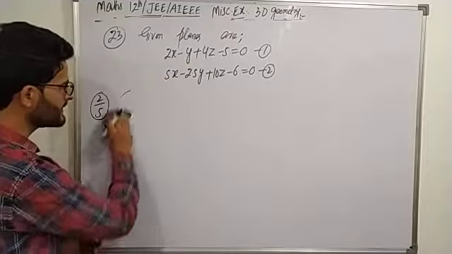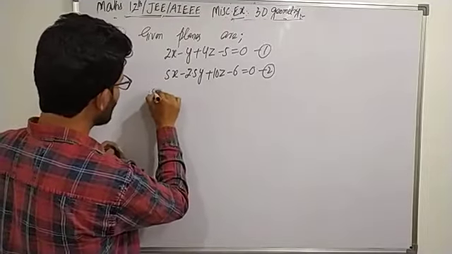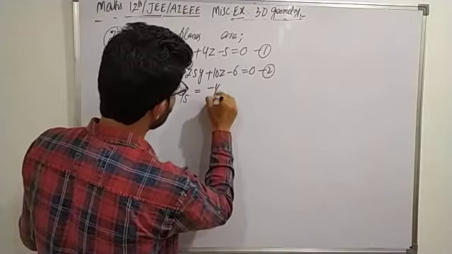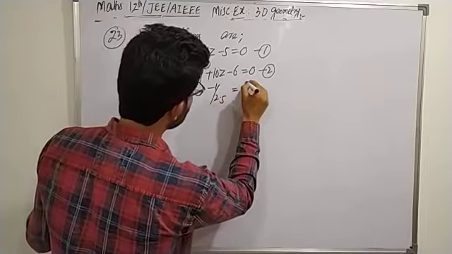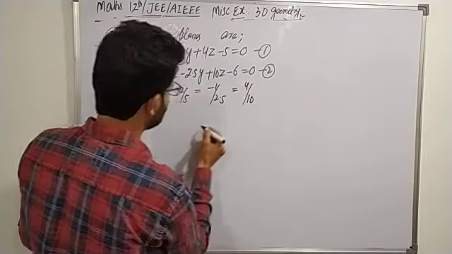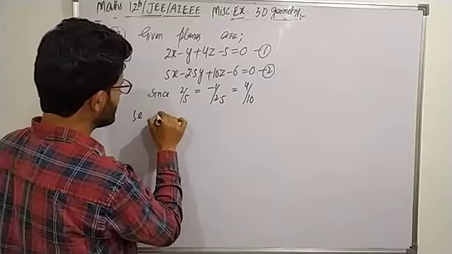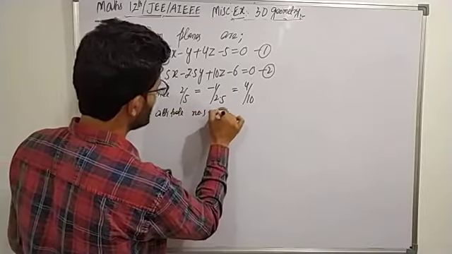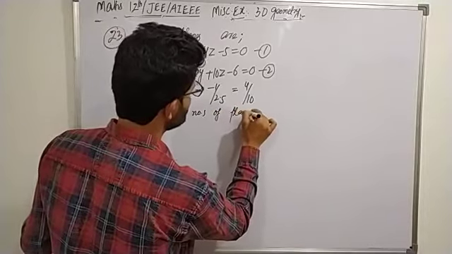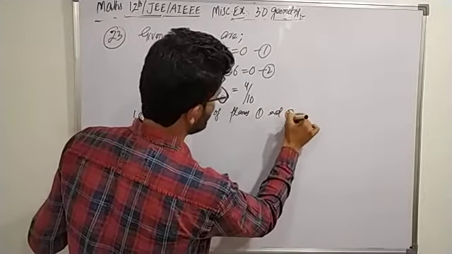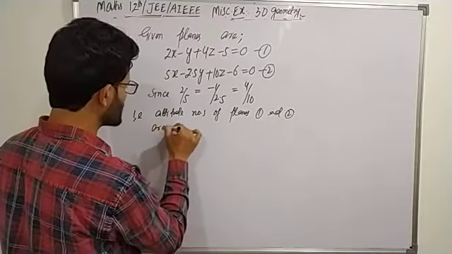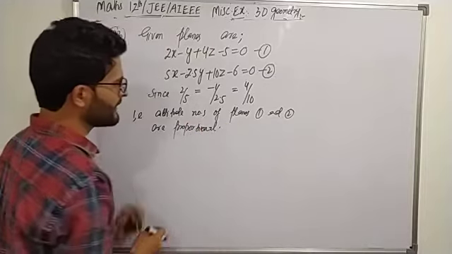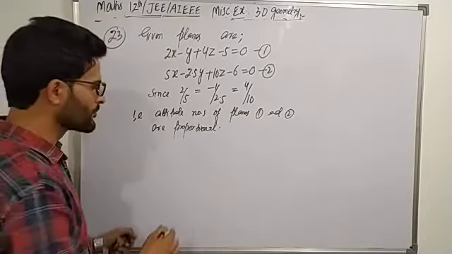तो यहां पे लिख लेंगे, since 2 divided by 5 must be equal to -1 divided by 2.5 must be equal to 4 divided by 10. That is, इसका क्या मतलब है? That is, direction numbers of planes first and second are proportional.